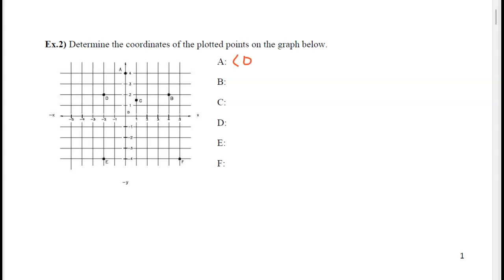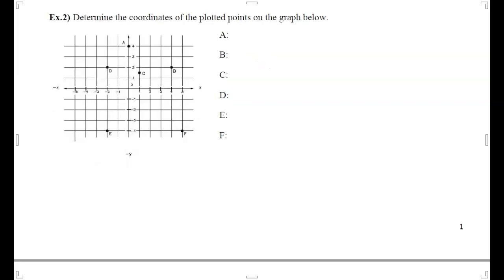So the point would be 0, 4. Sorry about the last little second. B will have 4 for x and 2 for y. So 4 and 2.